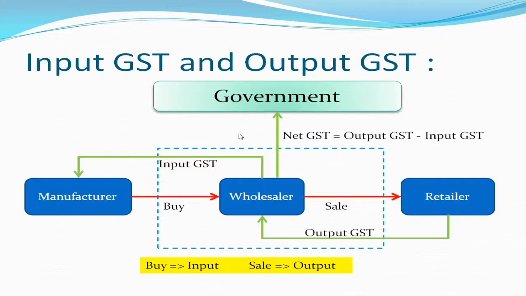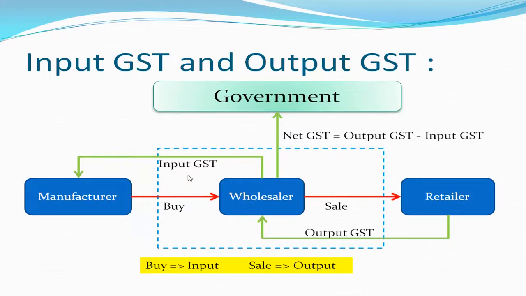So while paying the GST to the government, the wholesaler doesn't pay the whole output GST to the government. For the wholesaler, the net GST to be paid to the government is its output GST, that is whatever he has collected from the retailer, minus the input GST which he has already paid to the manufacturer, right?